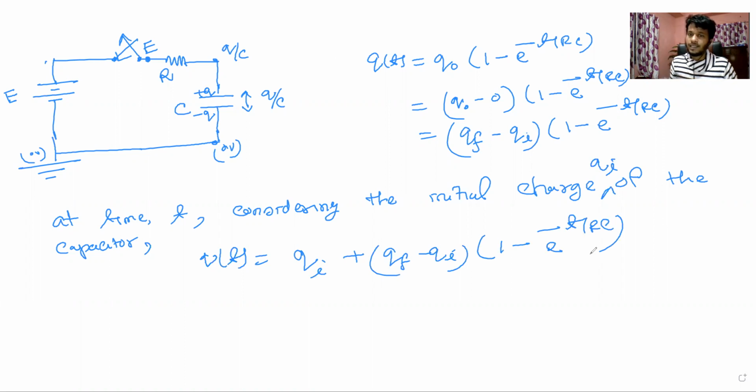Initially the capacitor had Qi amount of charge, and over the charging phase up to time t, it has gained this amount of charge. Right?